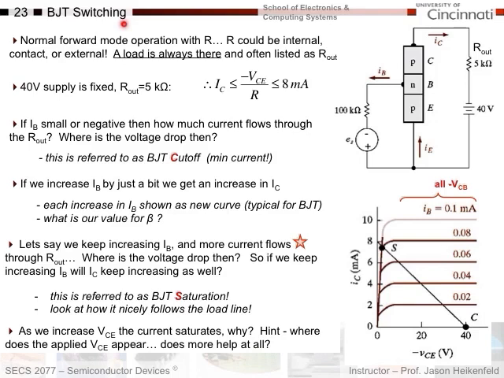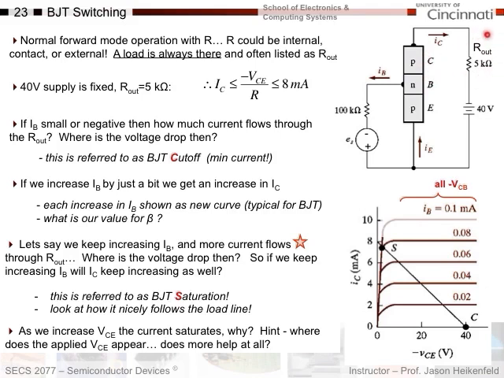When we have a BJT, we typically bias in what we call normal forward mode operation. And there's always a resistance. So this is normal forward mode operation where we're injecting current from the emitter into the base, and then it's collected out the collector. And we always have an output resistance.